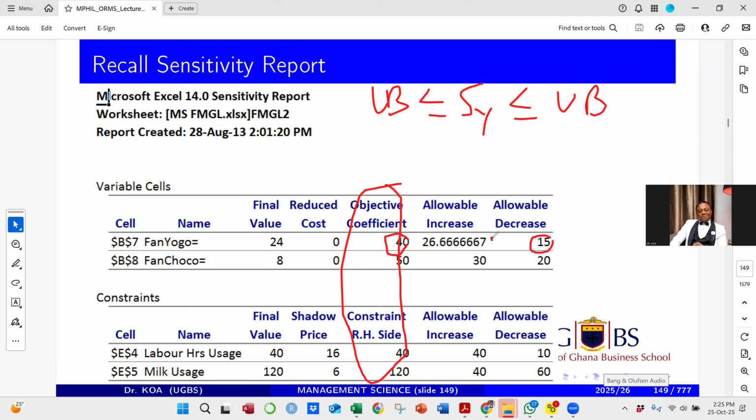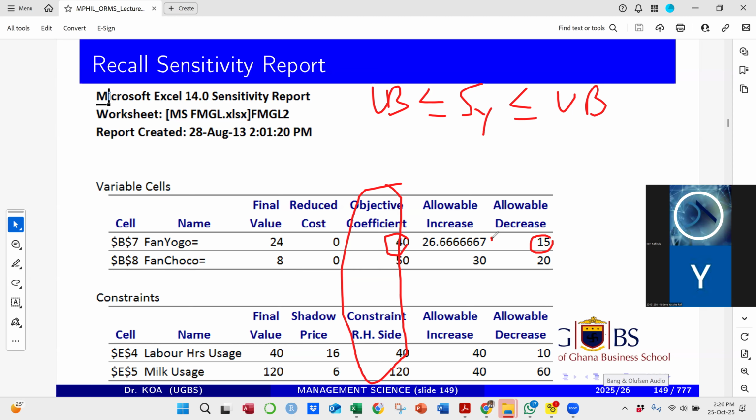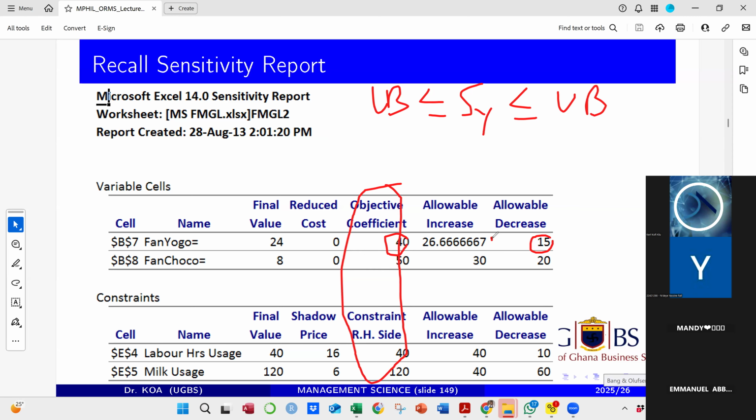The upper bound is calculated as the objective coefficient plus the allowable increase. Sir, the lower bound will be the objective coefficient, which is 40, minus the allowable decrease of 15, which is 25.